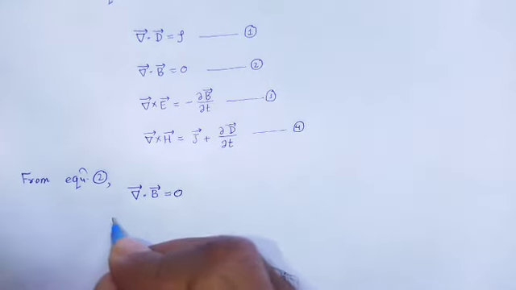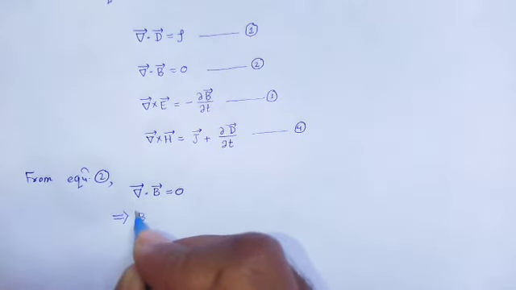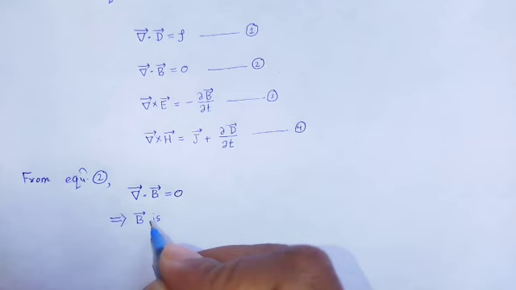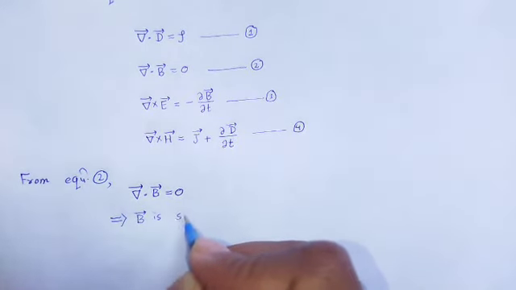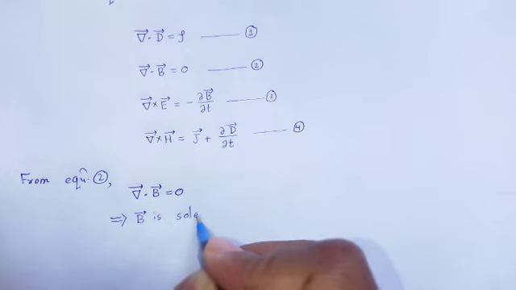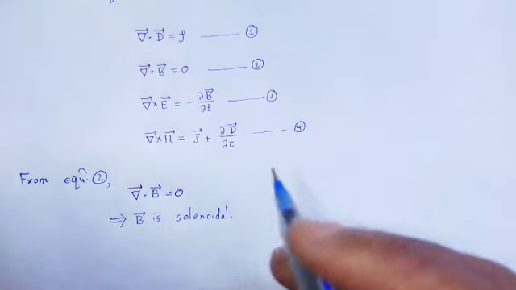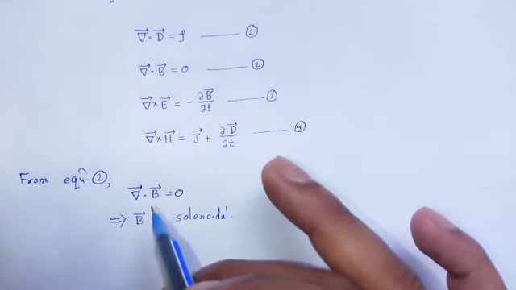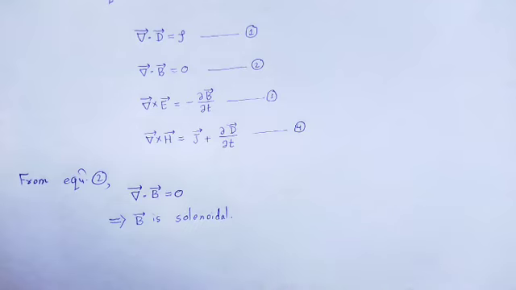What does it indicate? It indicates that B vector is solenoidal. When the divergence of a vector field is 0, then that vector is called solenoidal.